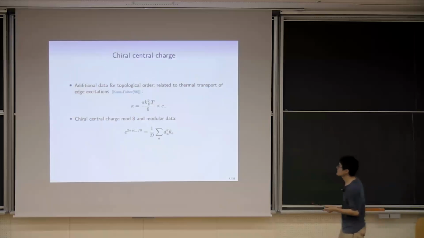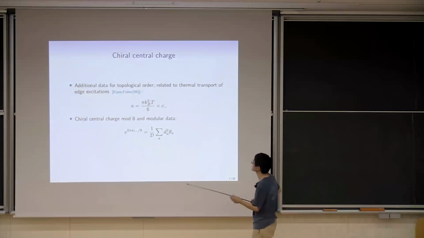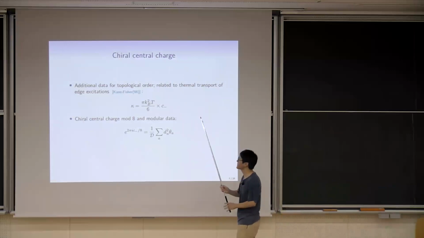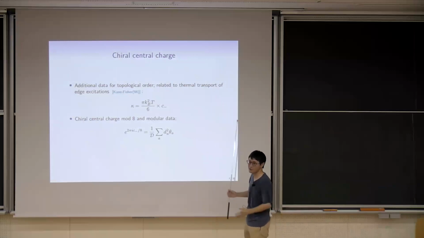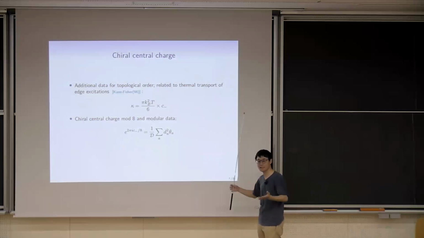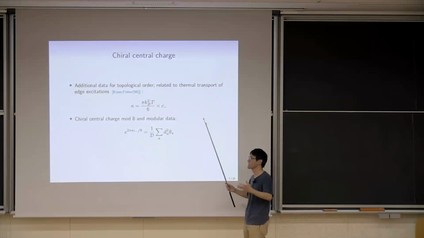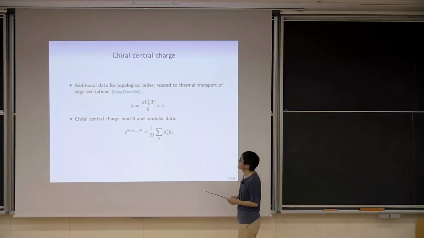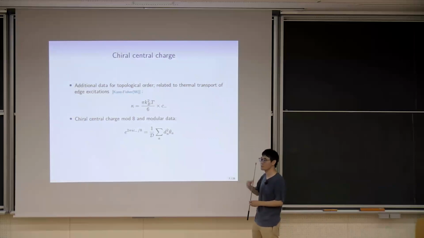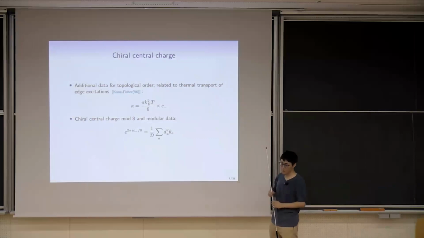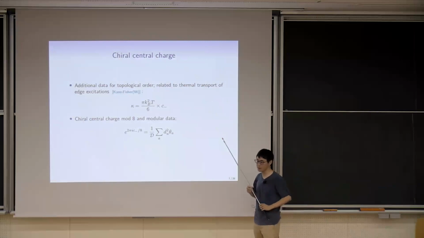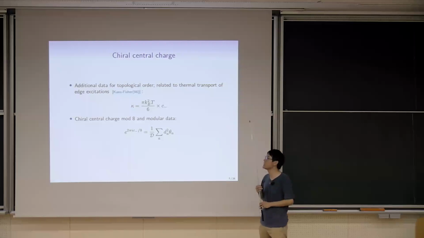The final quantity I want to introduce here is something called central charge. You may remember in my title, I have a higher central charge. But before talking about higher central charge, I just want to say something about central charge. So central charge is associated to the transport of the edge state. Another important property of topological states is that they support edge excitations if you make a boundary to the system.